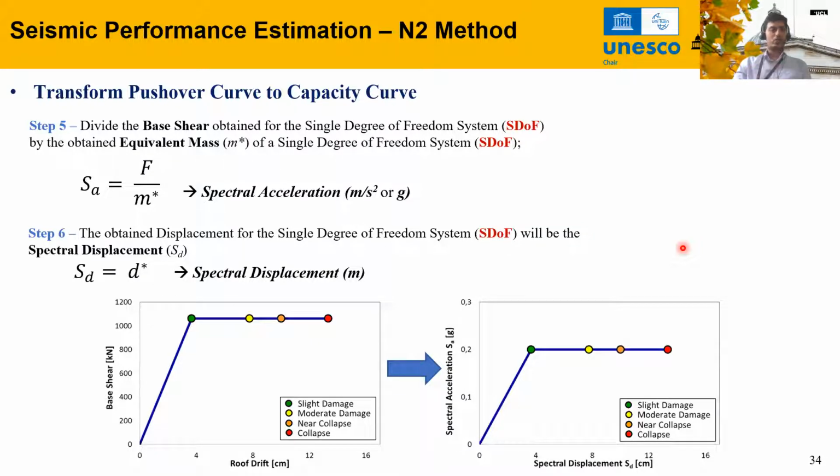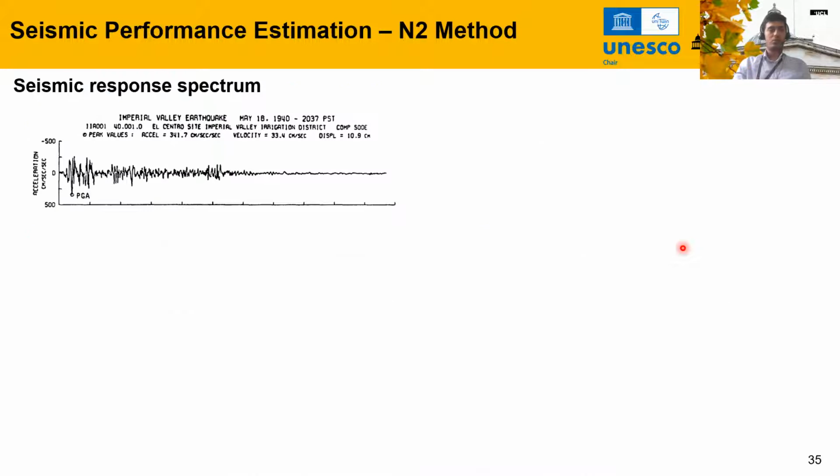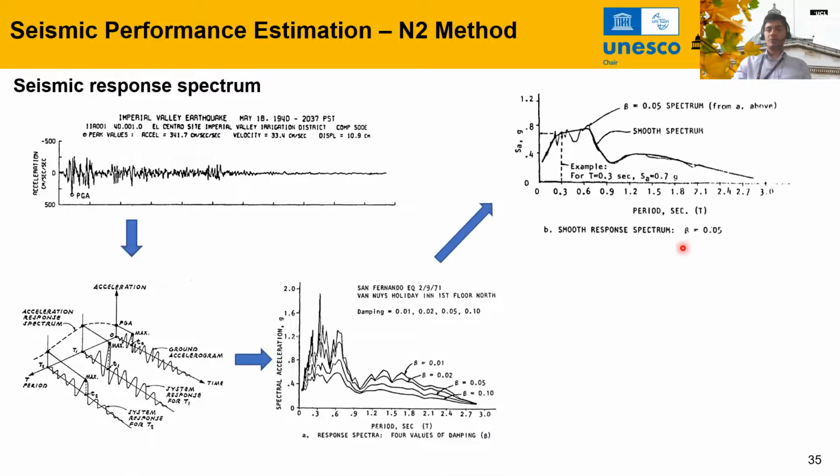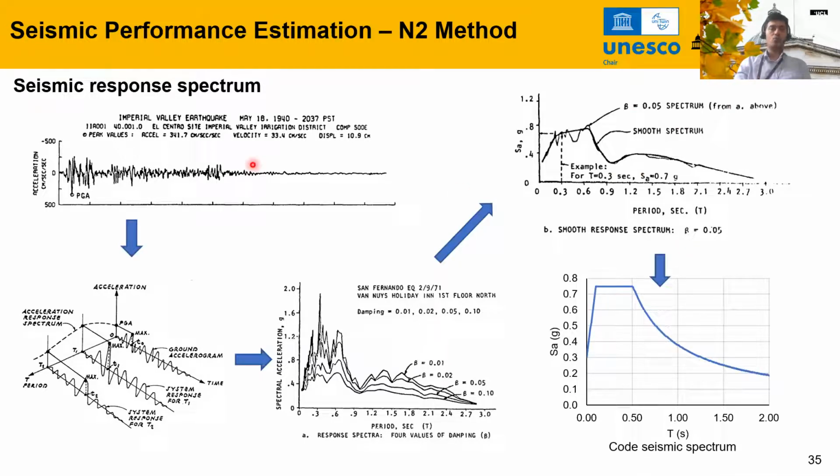After idealization, we convert it into the SDF system Pushover curve, and now we need to get the response spectra. This is how they get the response spectrum. For a natural ground motion, we get the acceleration response for different periods. Then we plot this over here for a number of ground motions.